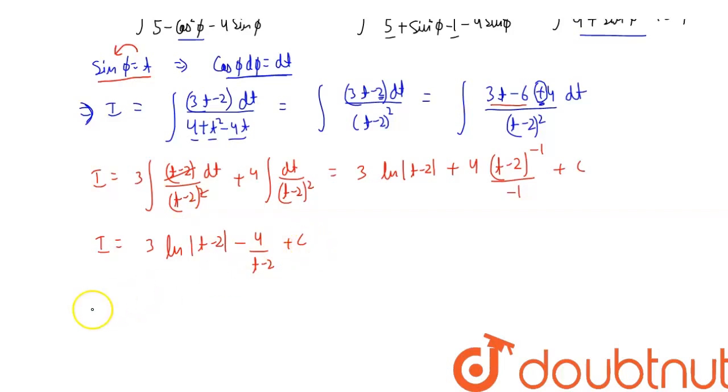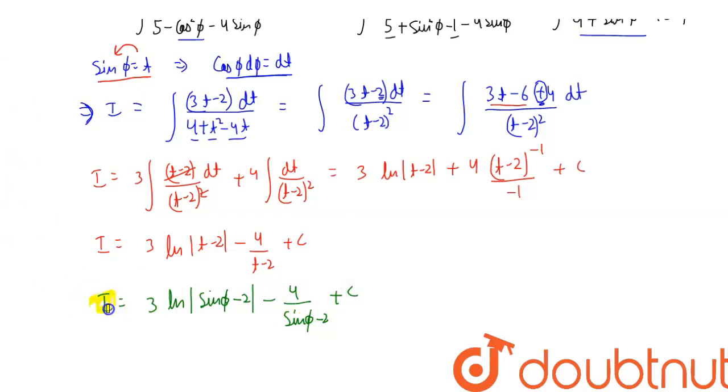So from this we get I equal to 3 times the logarithm of sin phi minus 2, minus 4 whole divided by, instead of t we put sin phi, so sin phi minus 2, and here we also have plus c as the constant of integration.